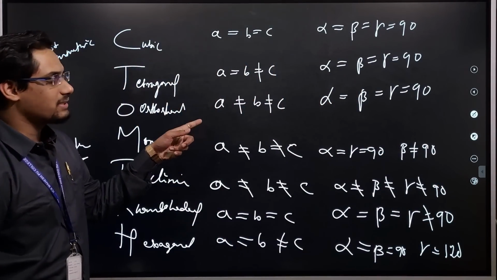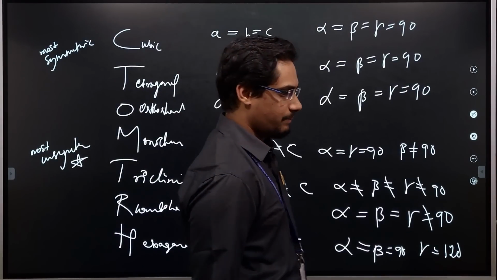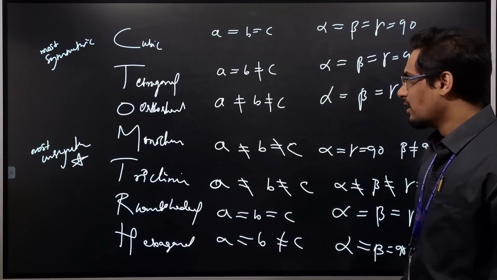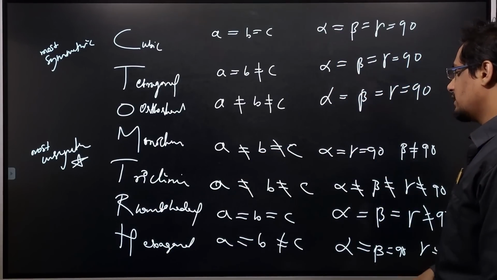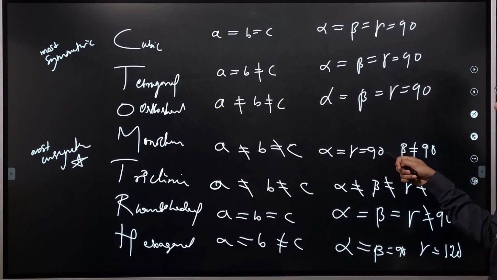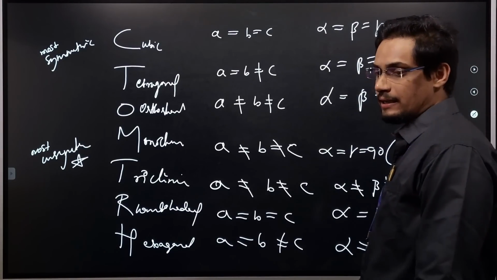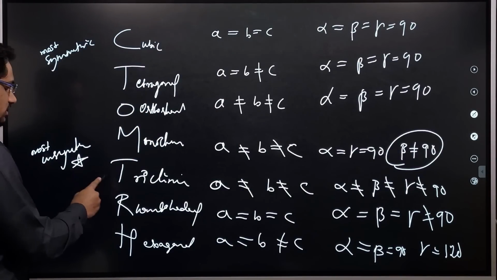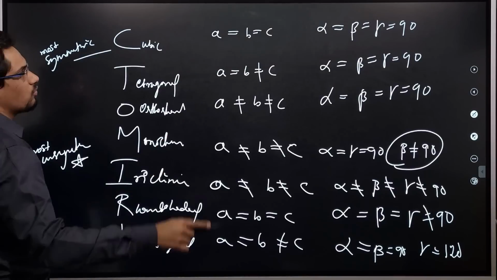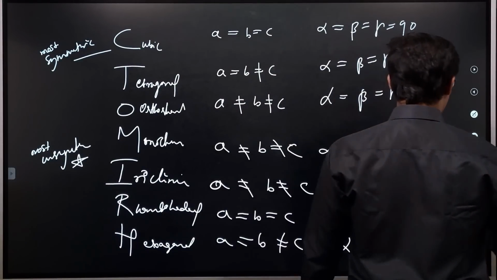So this is the hint. They have asked about monoclinic. For monoclinic, a is not equal to b is not equal to c, alpha and gamma are equal to 90, and beta is not equal to 90. So that's why the answer is this one. Remember, the most unsymmetric is triclinic and the most symmetric is cubic.